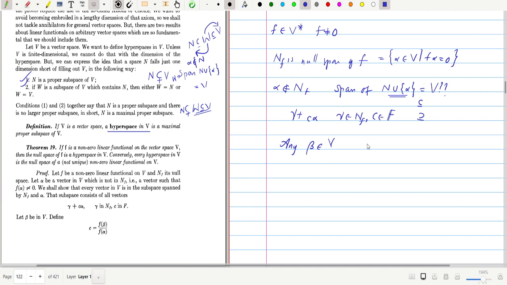Now we define c equal to f of beta by f of alpha. This quotient is defined because these are all elements of F, and f of alpha is not equal to 0 because alpha comes from outside of N_f, the null space.